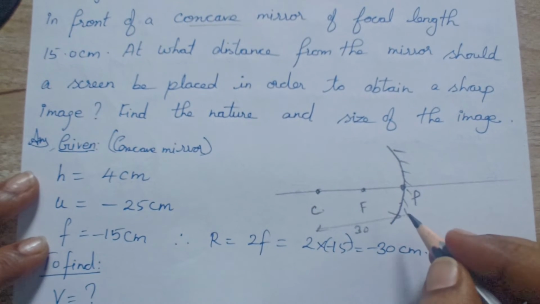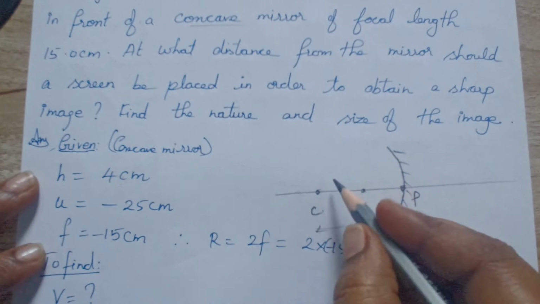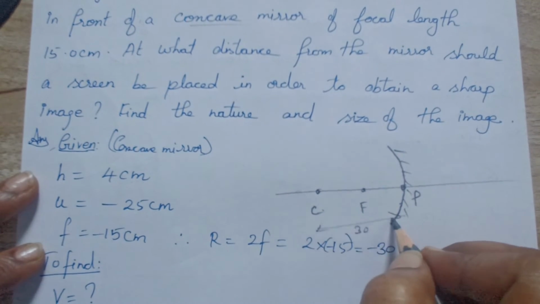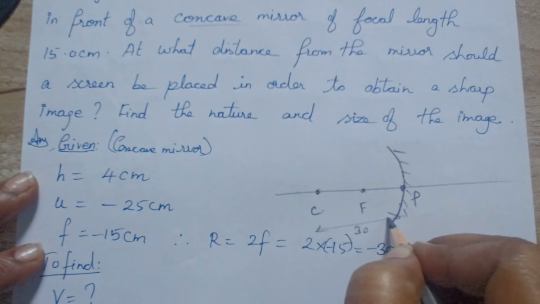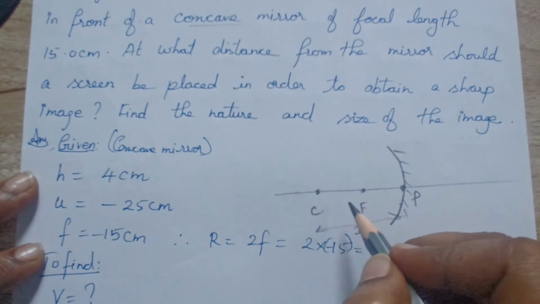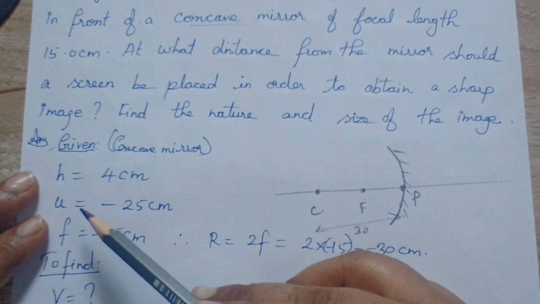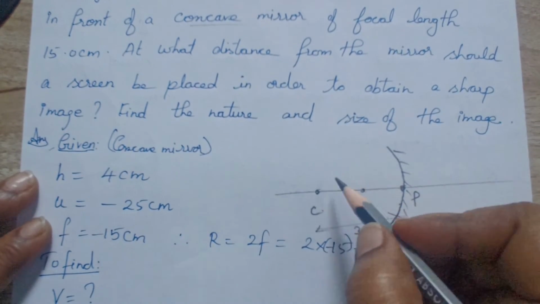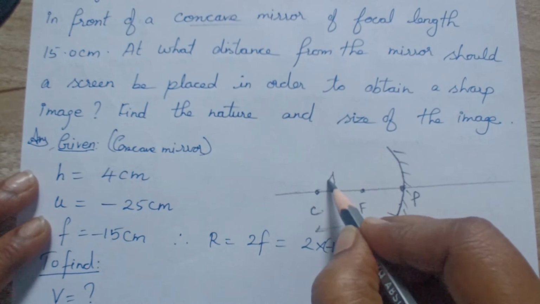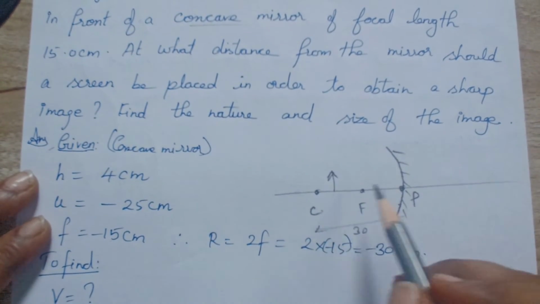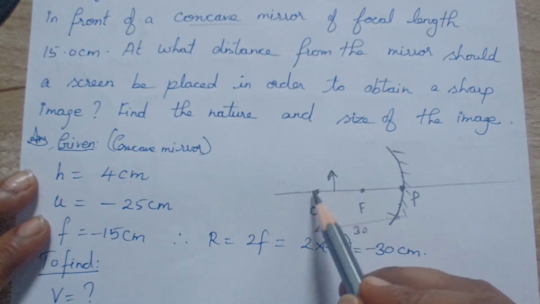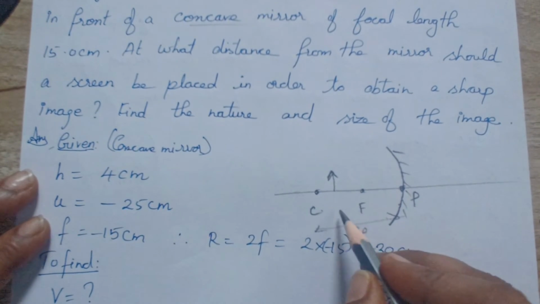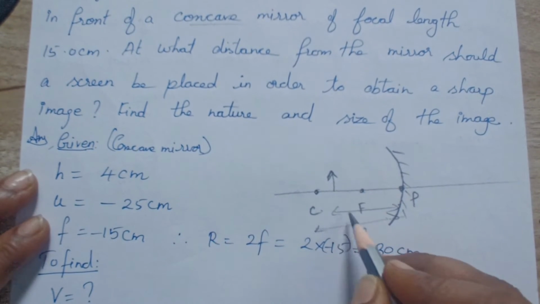The object is placed at a distance of 25 centimeter, so it lies somewhere between C and F. This is 25 centimeter from the pole.